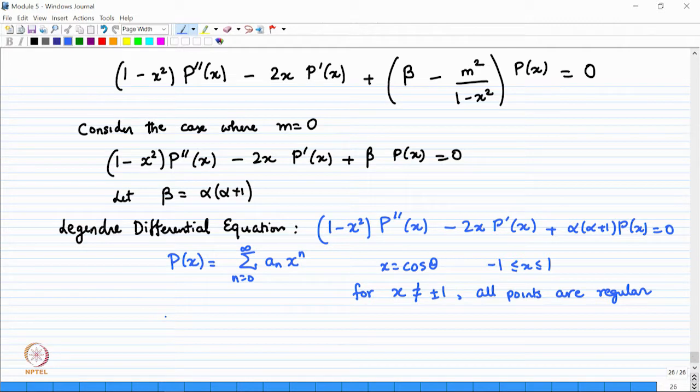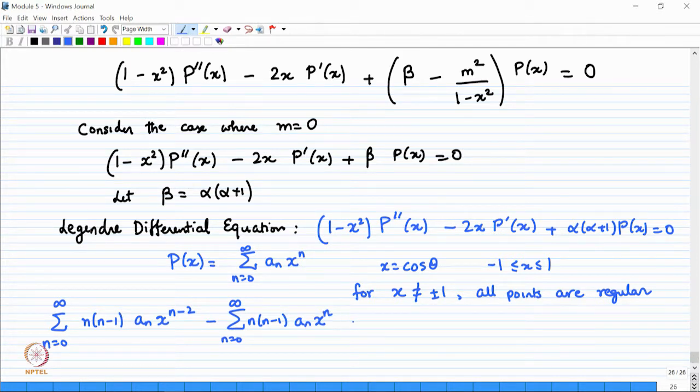Now you can substitute for p prime of x and p double prime of x, and I will just write the expression. I have 1 times p double prime of x, so I write that as sum over n equal to 0 to infinity of n times n minus 1 a n x raised to n minus 2. Now I have x square, so minus sum over n equal to 0 to infinity n times n minus 1 a n x raised to n minus 2 into x square, that is x raised to n.